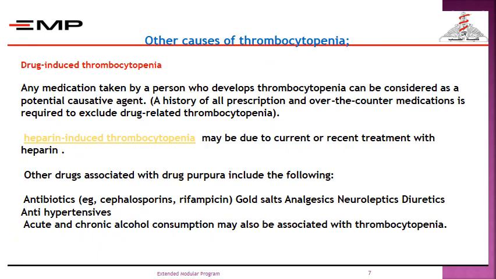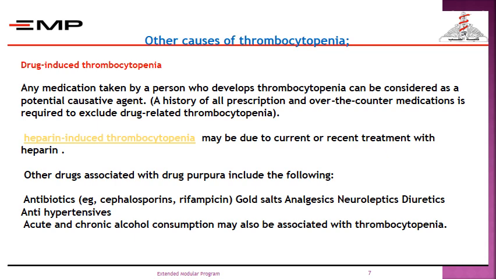There are other causes of thrombocytopenia. Drug-induced thrombocytopenia: any medication taken by a person who develops thrombocytopenia can be considered a potential causative agent. So, drug history is very important in patients with thrombocytopenia.